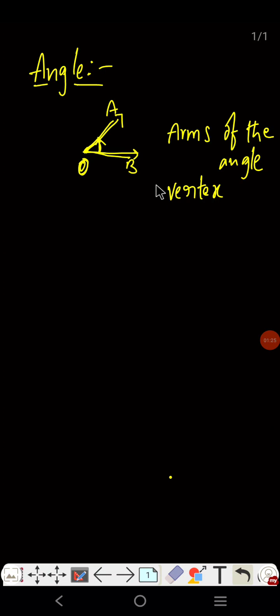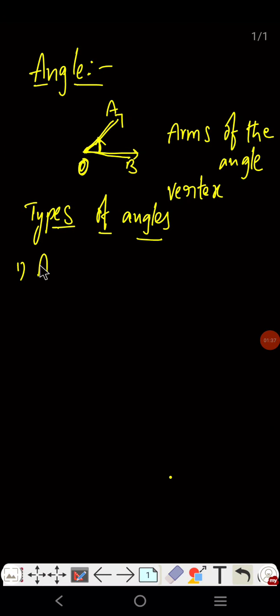Then what are the types of angles? How many types are there in total? First one, acute angle. An acute angle means an angle that is more than 0 degrees and less than 90 degrees.